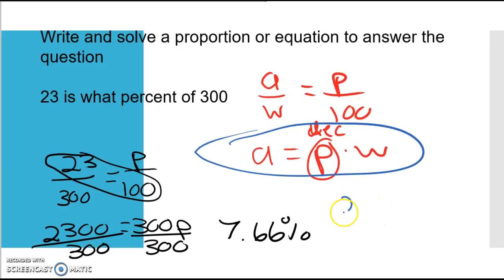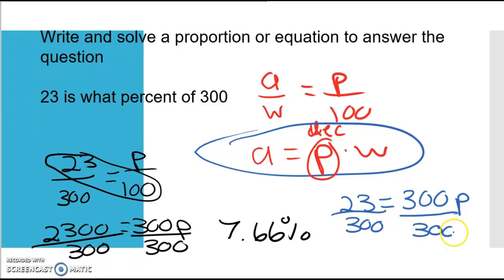Now if I did that the other way, I would plug it into this equation here. So I know my part's 23. I don't know my percent, but I know my whole is 300. So actually I should rewrite this as 300p. I know that I need to get p by itself, so I'm going to divide by 300 on both sides. If you do that correctly, let's just make sure we get our answer right.